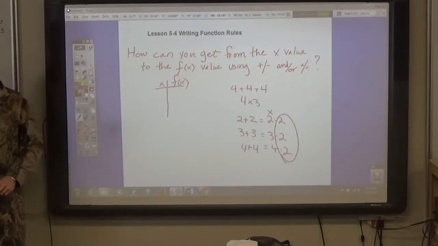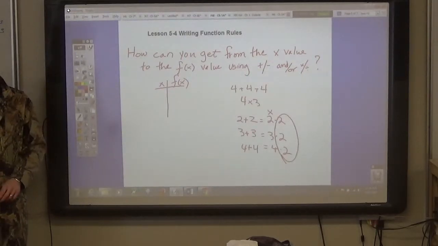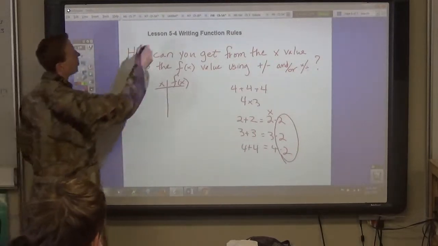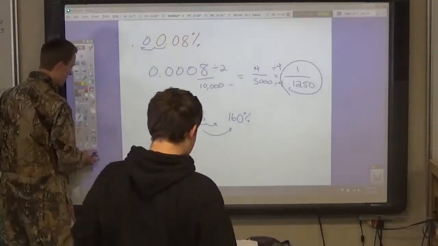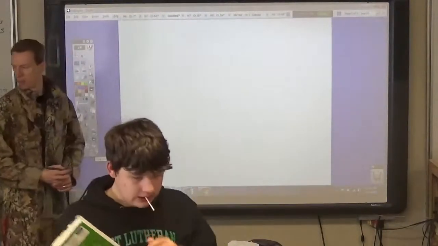So, turn to page 272. Wait, could we copy the notes first? We'll have to come back to those. I want to go through some examples for you, and then I'll put the notes back up later.